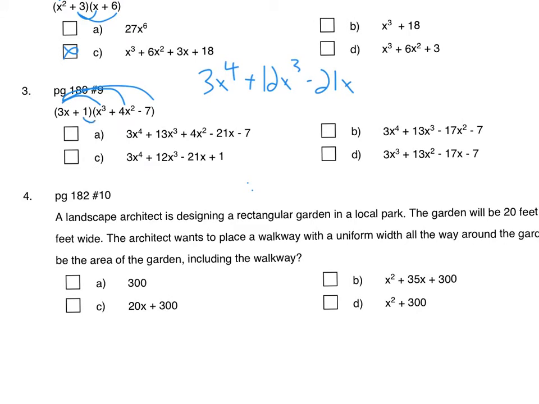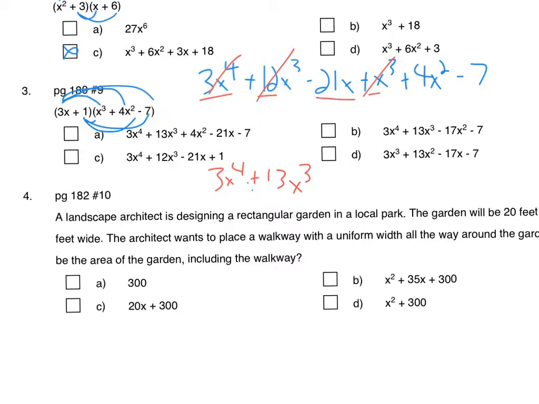So I get x cubed plus 4x squared minus 7. Combine your like terms. We only have an x to the fourth. So I get 3x to the fourth. X cubed and x cubed combines to give us 13x cubed.